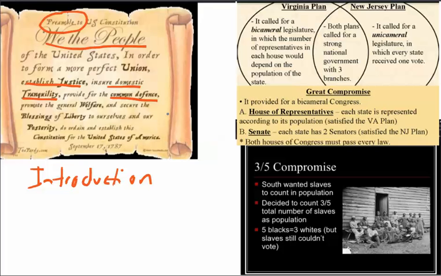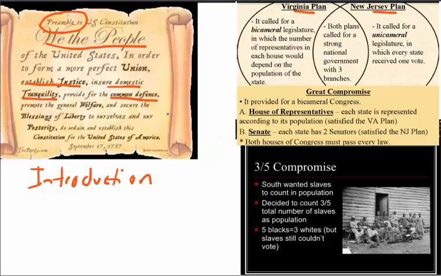Now, one of the crucial issues at the convention, which brought about much argument among the delegates, was how many members of Congress is each state going to get? And delegates from both Virginia and New Jersey had different ways to answer that question.